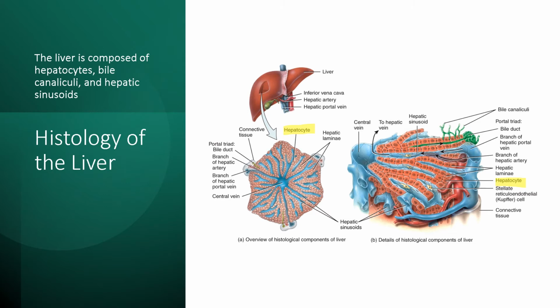Now, the hepatocytes create the bile that we just spoke about, and they secrete the bile that they produce into these little bile canaliculi. These are going to be small ducts between the hepatocytes.